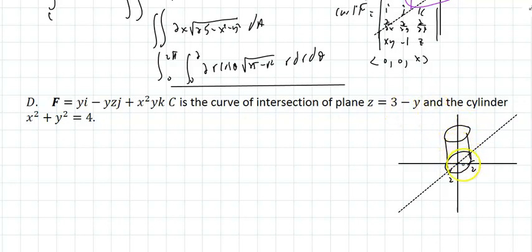A plane starts at 3 minus y, so in the yz plane it's coming down, it's going to hit at 3, so something like this. Okay, there, so it's going to chop off that part where here it's flat, so something like this.